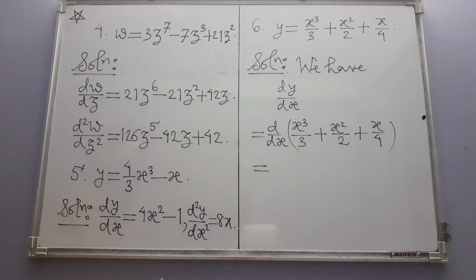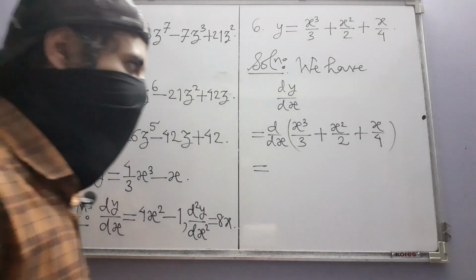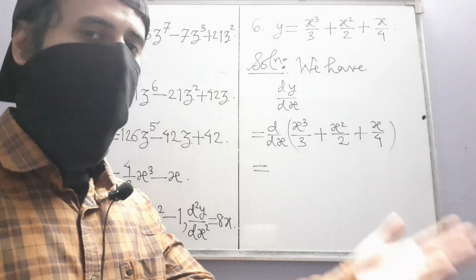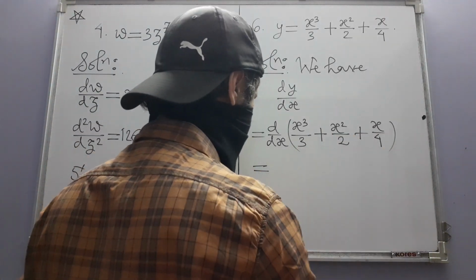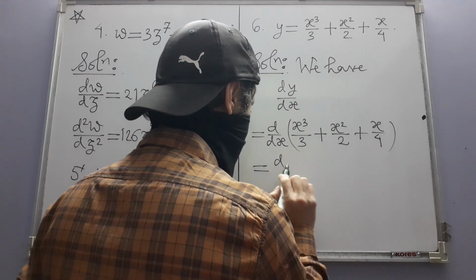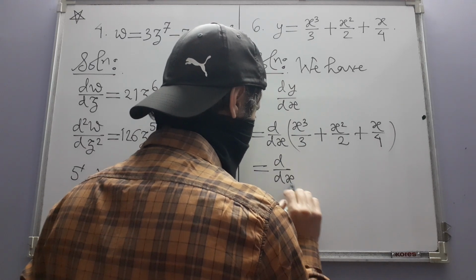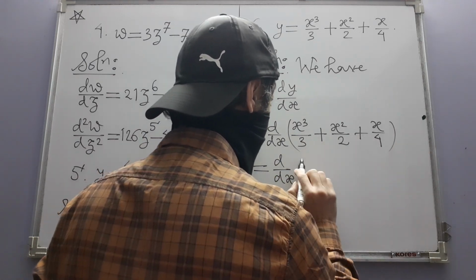Okay, so you can see that there are 3 terms, but you can still use the sum rule, only its extended version. No matter how many terms there are, finitely many of course, you can distribute this differentiation over each one of them.